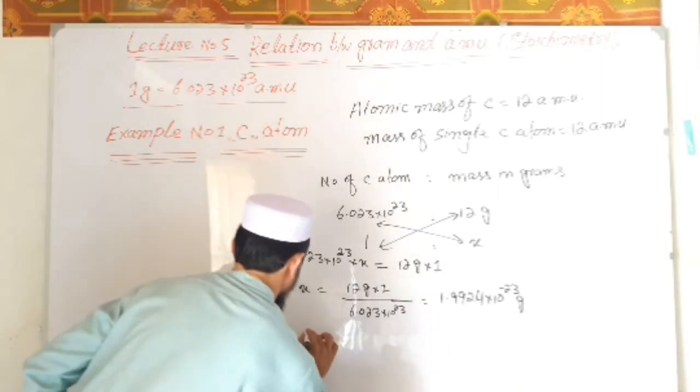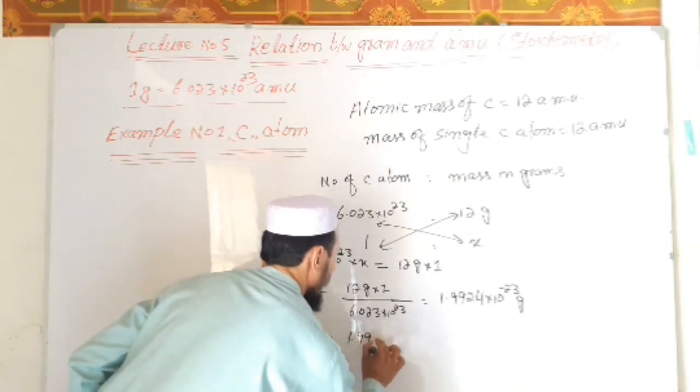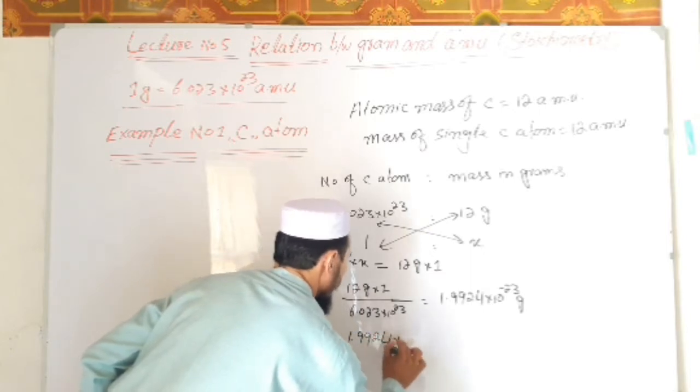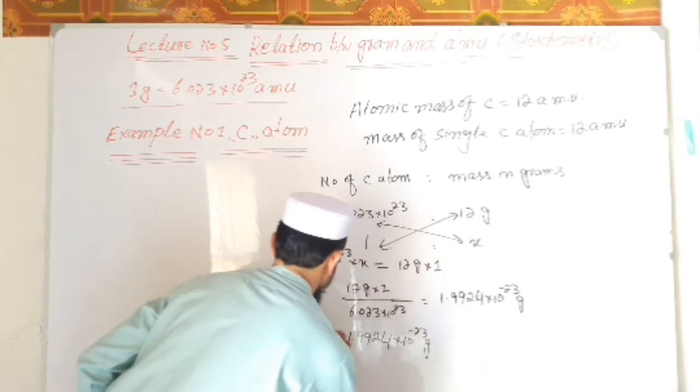So, dear students, x is equal to 1.9924 multiplied by 10 raised to the power of minus 23 gram.